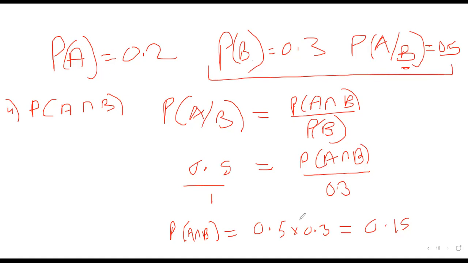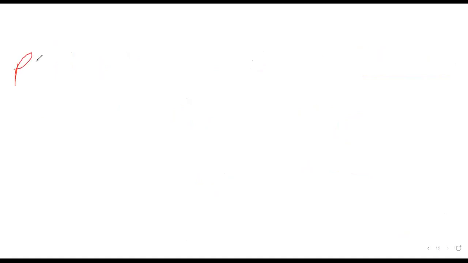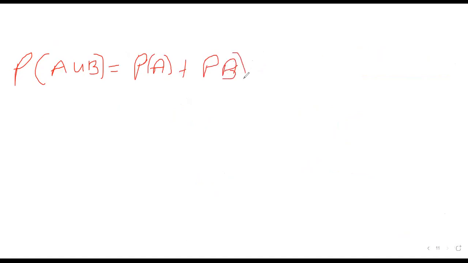So we now go to the union set. The formula for the union set is the most faithful formula, like I said. So A union B is gonna be the probability of A plus the probability of B minus the intersection of A and B. So our probability of A, we're already given as 0.2.